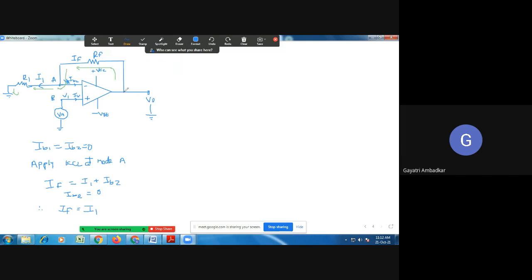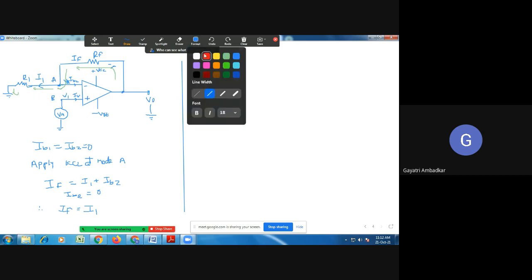So now let's find this current. Okay. So what is IF? Let's find current IF. So this voltage here is VO, okay, and voltage present here, as I'm calling this node A, let's say it is VA. So IF is equal to, this is the direction of IF. This is direction of I1.